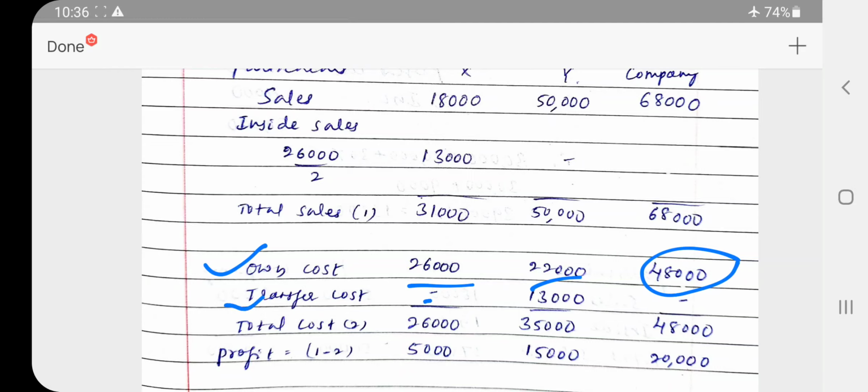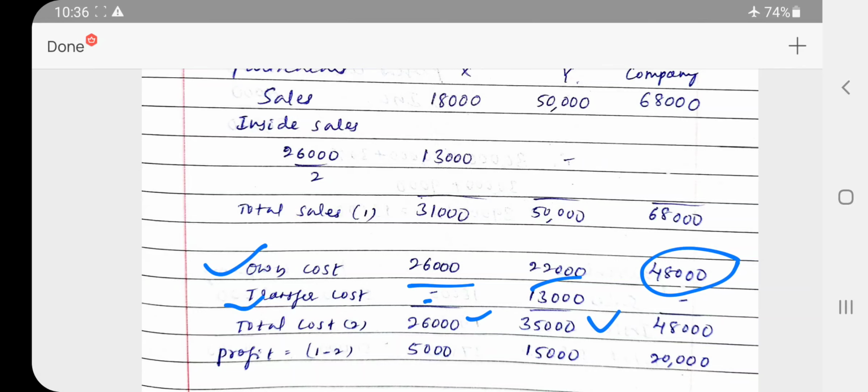If you add it back, you will get the total cost. So this will be for X product 26,000 and for Y product around 35,000, 22,000 plus 13,000, 35,000 you will get, and total for the company 48,000 you will get.